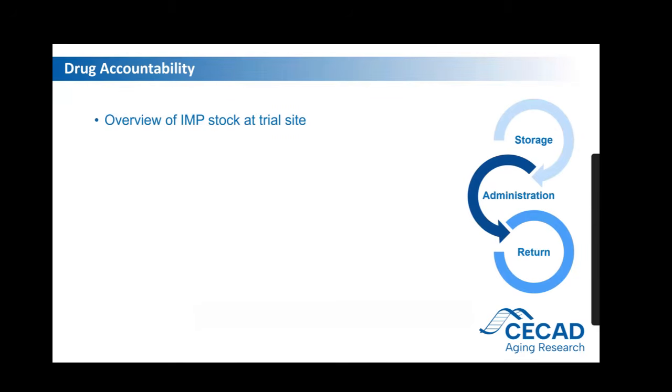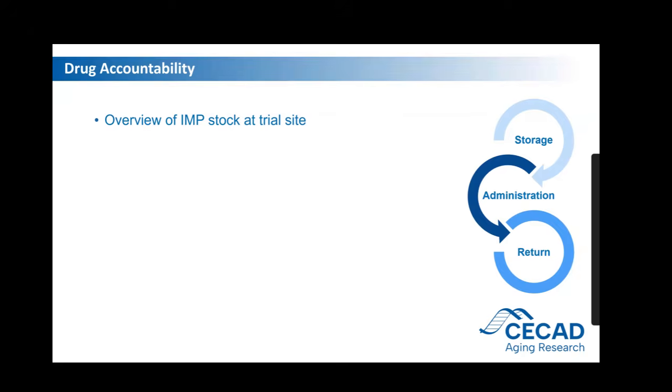So this brings us very directly to the actual drug accountability, which is what I just mentioned. So we have to keep track of where every single IMP is going. So you need to have an overview of the IMP stock at trial site. So you order, you receive, you give out to patient, you receive back from patient, things expire, and you may even send things back to the sponsor.